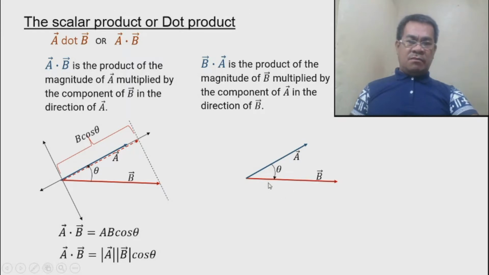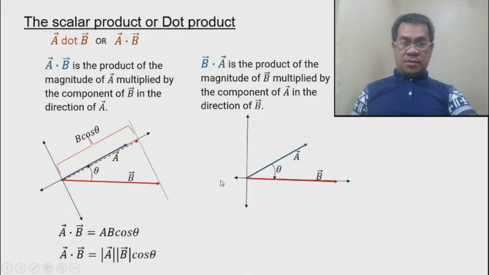Looking back at this problem, we have to orient the Cartesian axes so that one axis lies along b, so that we can come up with the component of a parallel to b. We use this as one axis, and perpendicular to that is the other axis. So a can now be resolved into two components. We are concerned with the parallel. This dotted blue arrow is the component of a which is parallel to b.